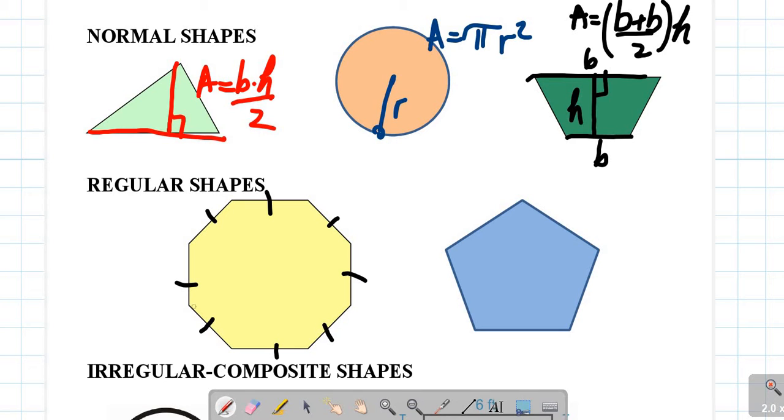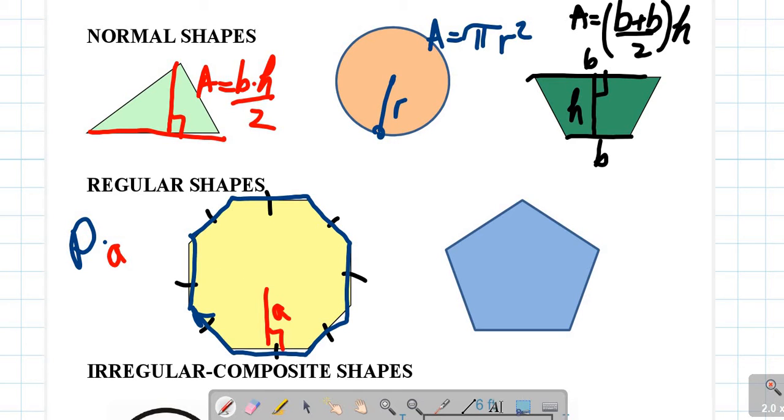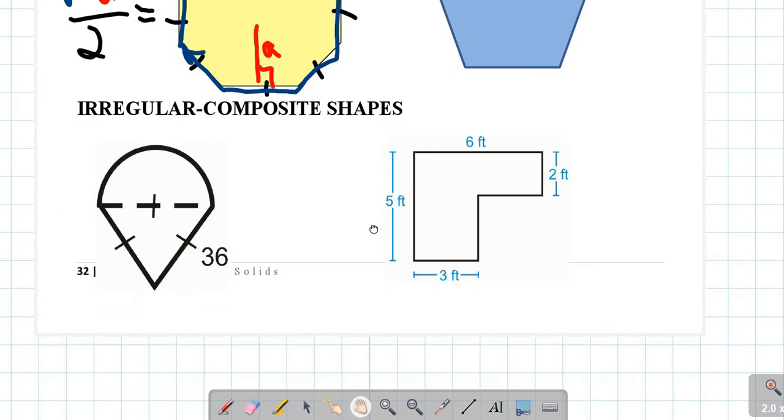And for this one, it was perimeter times apothem over 2. That was another lesson. Perimeter times apothem over 2. So you have normal shapes, you have regular shapes.